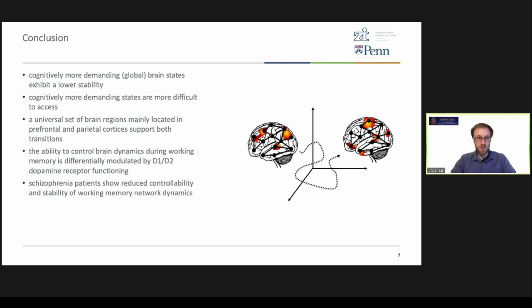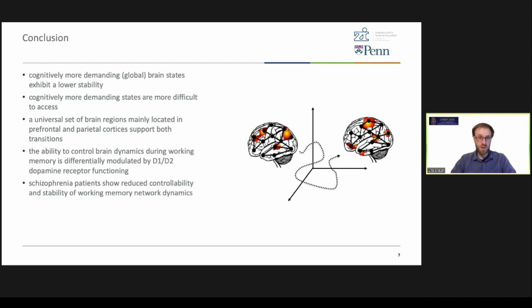I showed you that there's a universal set of brain regions, mainly located in prefrontal and parietal cortices, that support these transitions. The ability to control brain dynamics in working memory is differentially modulated by dopamine receptor functioning, in a way that D1 increases stability, while D2 signaling seems to lessen the effort needed to control trajectories.